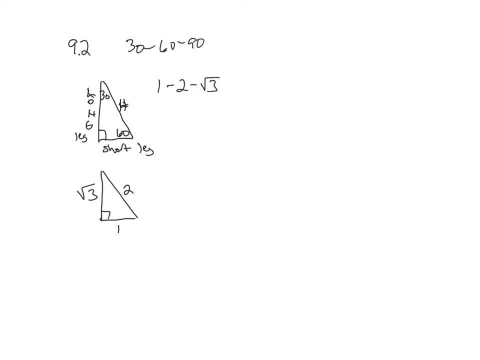Okay? So what we're saying is, we always start with the short, we're always working with the short one. You're either going toward the short leg or you're going away from the short leg.